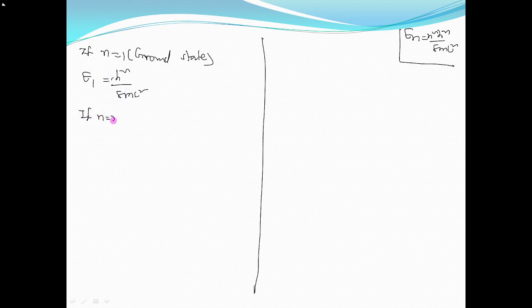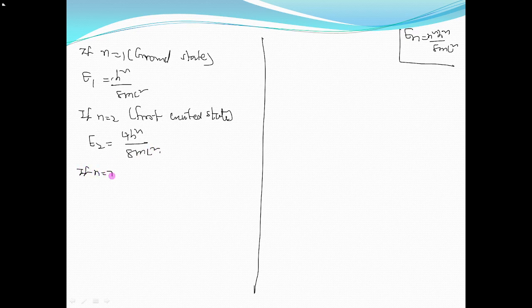Next, if n is equal to 2, first excited state. Many students commit a mistake here. If they ask for the first excited state, they go for n is equal to 1, but it is not n is equal to 1, it is n is equal to 2. So E2 is equal to 4h square by 8m L square.